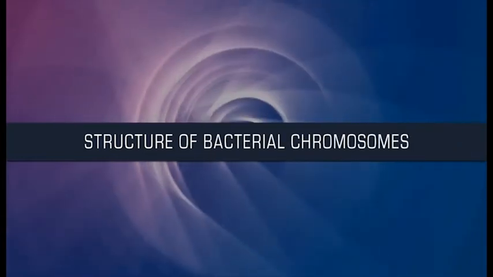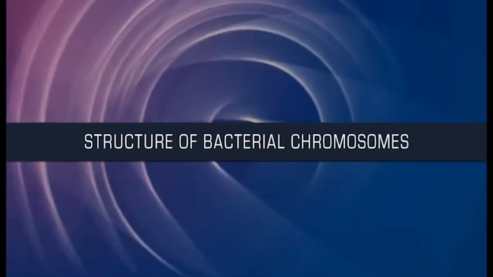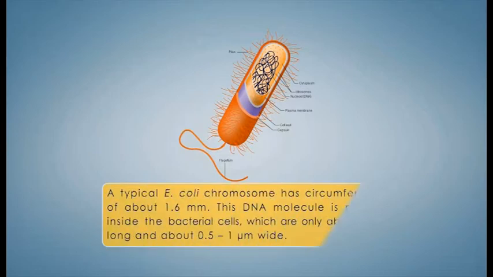Let us now see the structure of bacterial chromosomes. Most bacterial cells contain one large circular chromosome. A typical E. coli chromosome has circumference of about 1.6 millimeter, and this DNA molecule is present inside the bacterial cells, which are only about 2 micrometer long and about 0.5 to 1 micrometer wide.